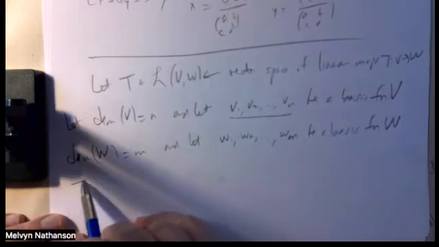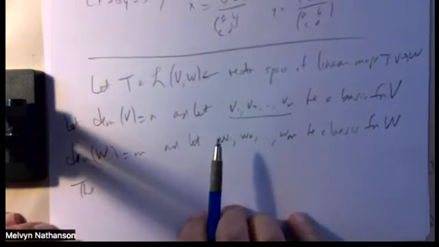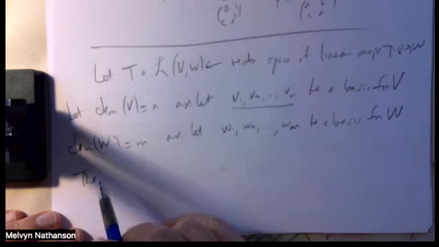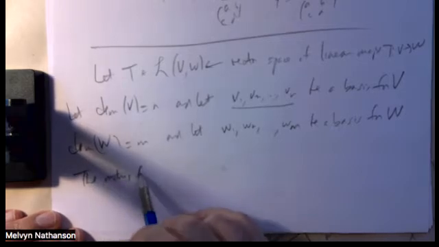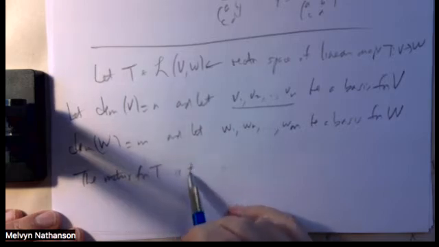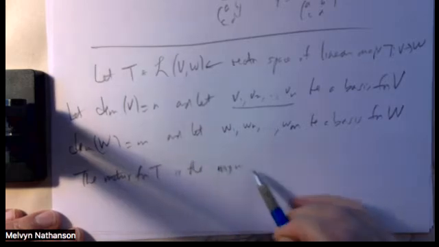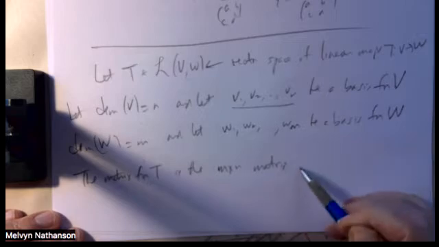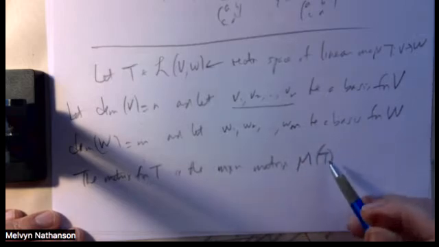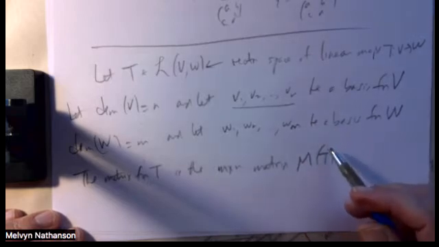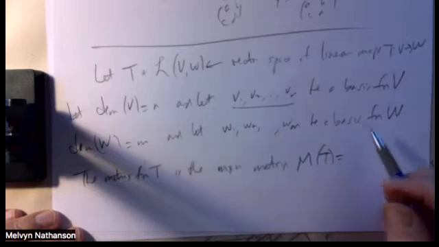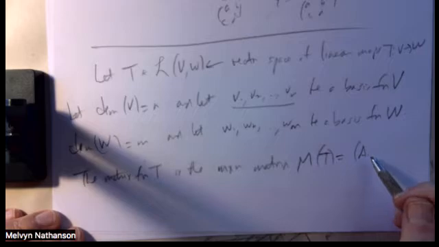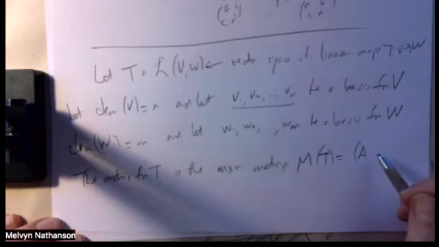So every linear map from a finite dimensional vector space to another has a matrix. The matrix for T is going to be an m by n matrix, M(T), with entries Aij. For some reason, I dislike that the book uses Ajk, but that doesn't matter.